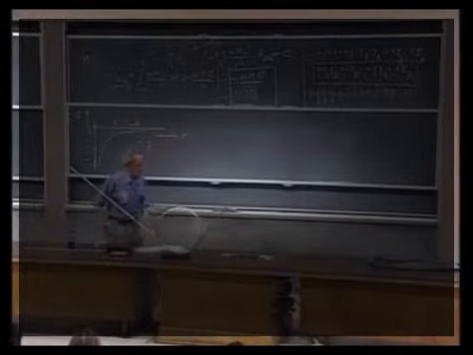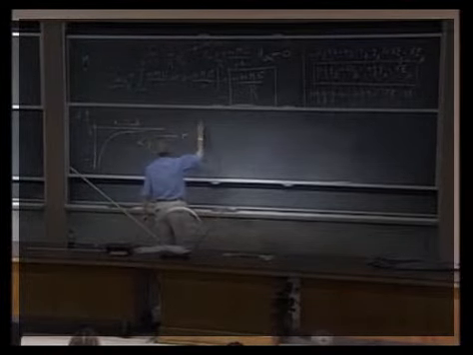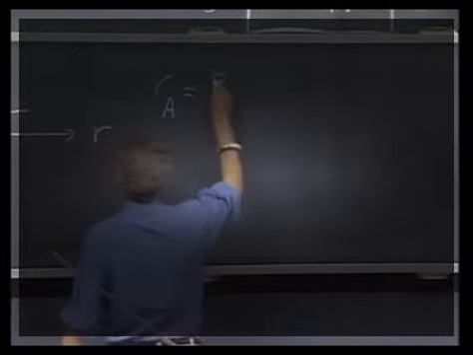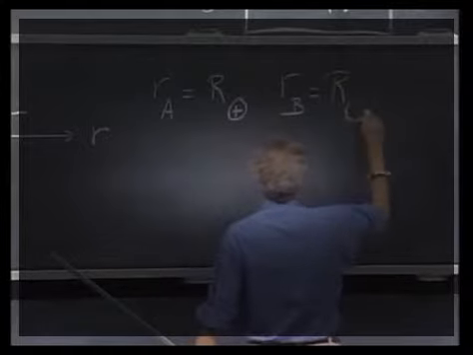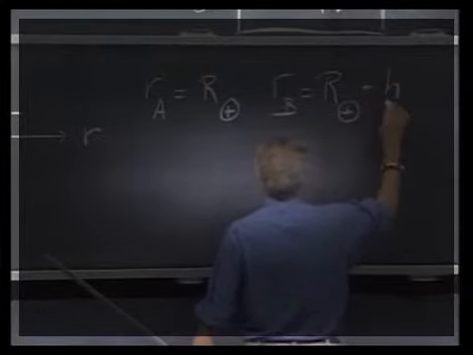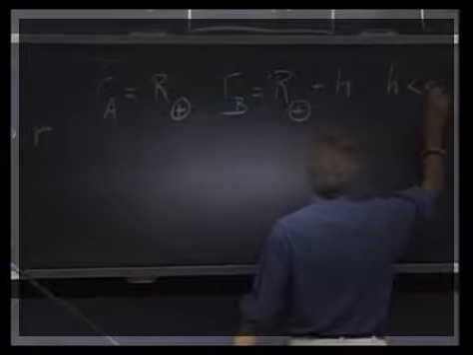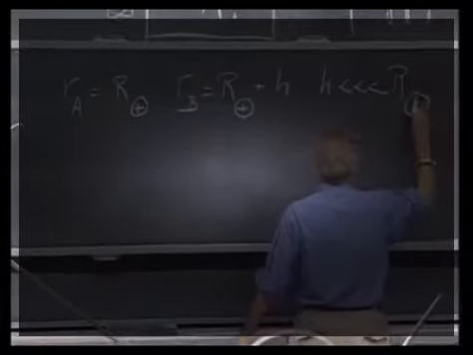I invite you to go through the following exercise. Take a point A in space, at a distance r of A from the center of the Earth. I start at the surface of the Earth itself, so the radius is the radius of the Earth. And I go to point B, which is a little bit further away from the center of the Earth, only a distance h. And h is way, way smaller than the radius of the Earth.